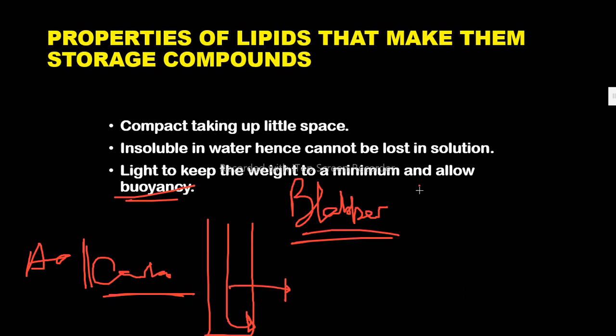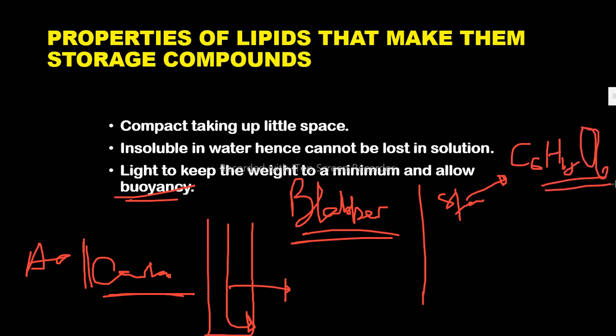But now, you cannot store starch, you cannot store carbohydrates, you cannot store glycogen. Why? Because these are carbohydrates, so they have relatively high molecular masses. You see, carbohydrate is C6, glucose, H12 and O6. So how can you compare this with just C and then just O something, the fatty acid?